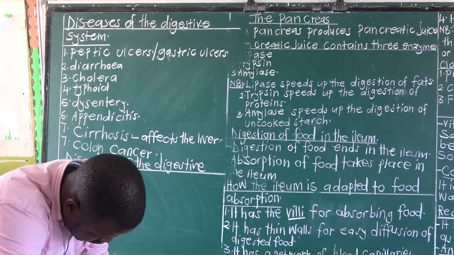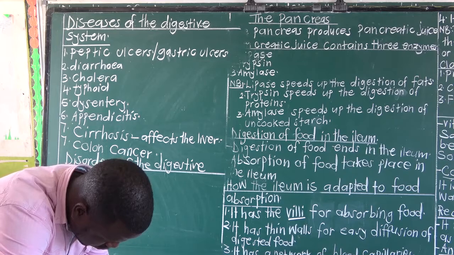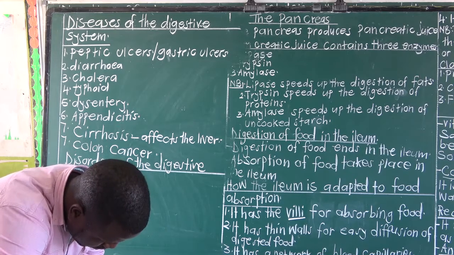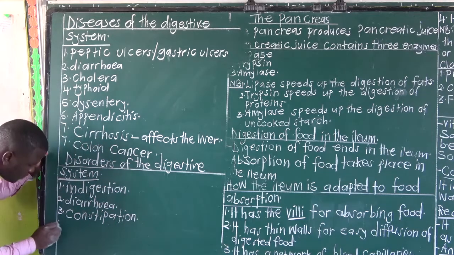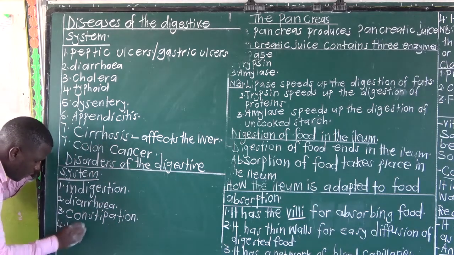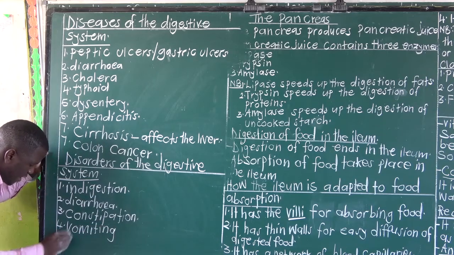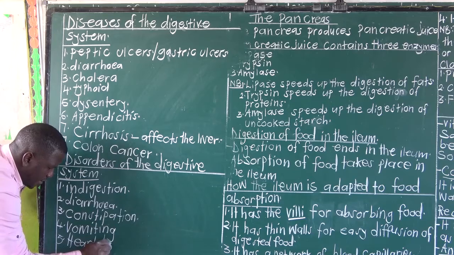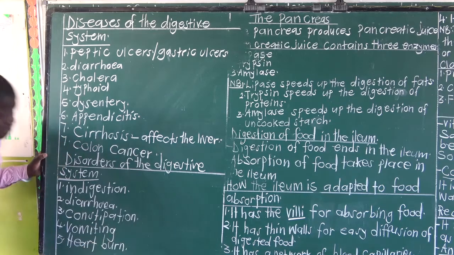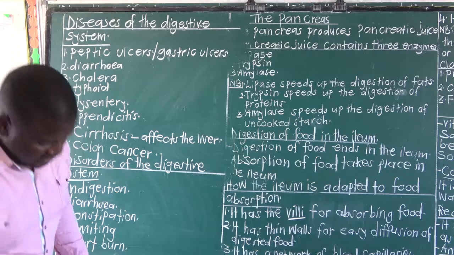If you don't eat food rich in roughages, you get a disorder called constipation. Then we have vomiting, and number 5, heartburn. So those are disorders of the digestive system.